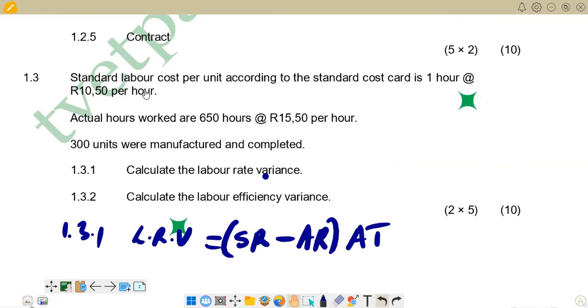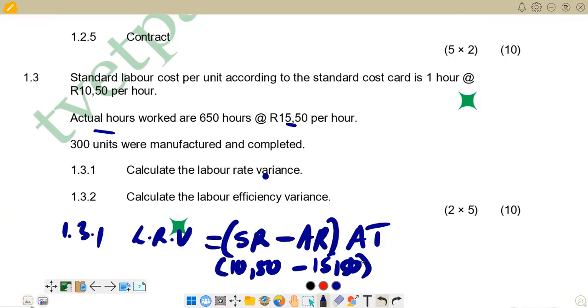So 10 rand 50 becomes the standard rate. Then we subtract the actual rate. We are told actual hours worked are 650 hours at 15 rand 50, so this becomes the actual rate. So we are now saying minus 15.50.